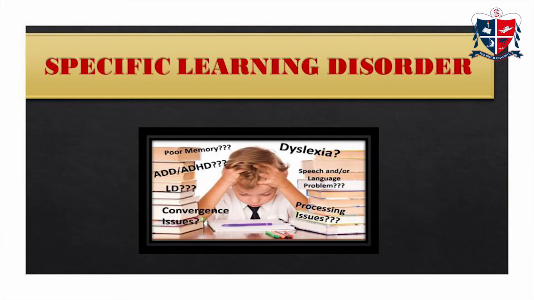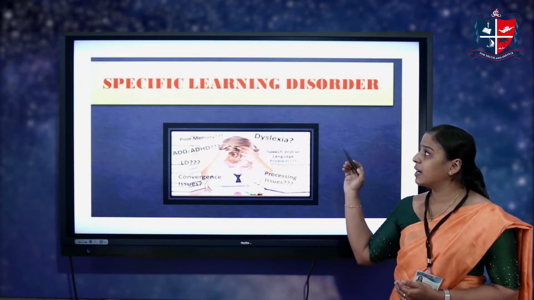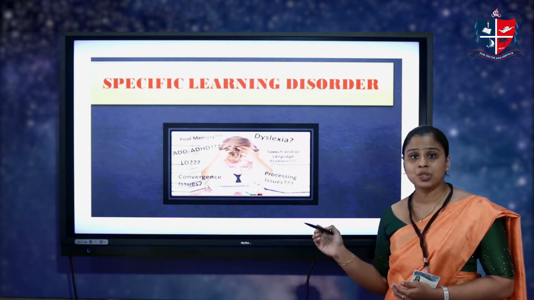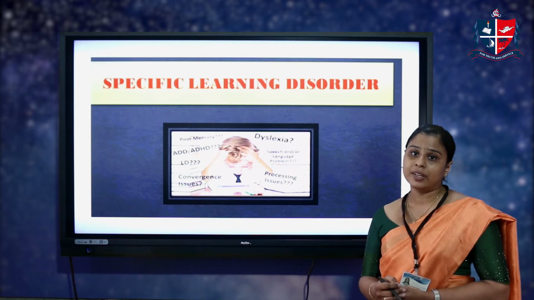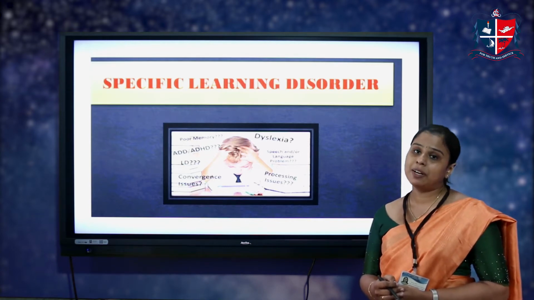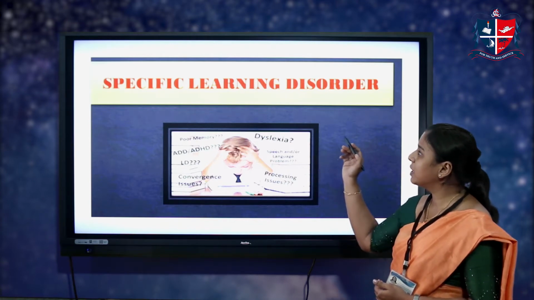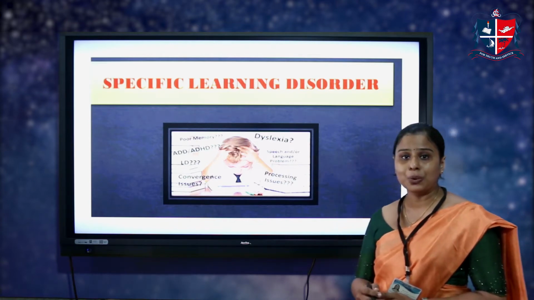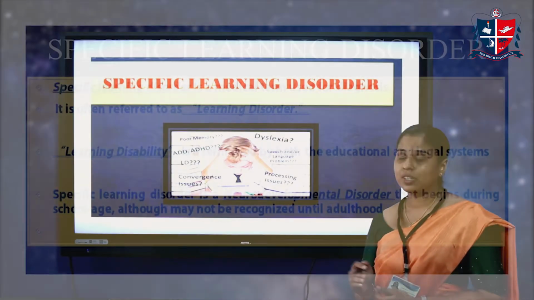Let's see what specific learning disorder is. It is described based on the Diagnostic and Statistical Manual of Mental Disorders, DSM-5, given by the American Psychiatric Association. The term itself is specified based on three major areas.